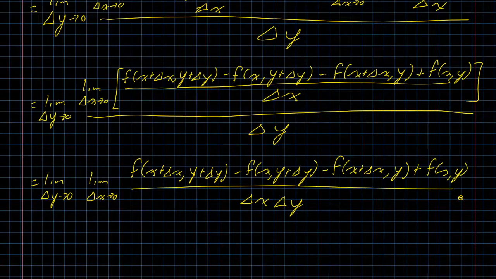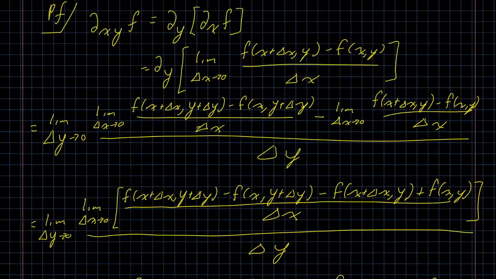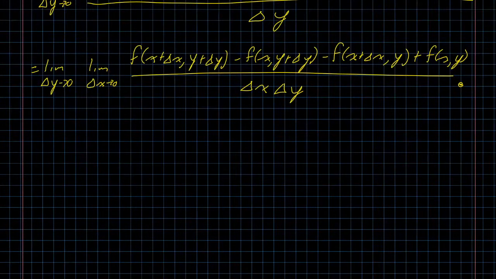For the sake of time, I'm not going to go through and do the same thing. But the next step of the proof is going to be to replace partial of x, y of f with partial with respect to y then x of f.